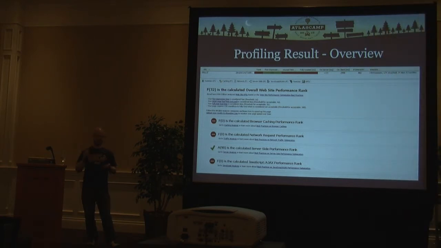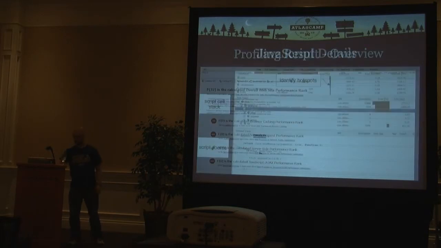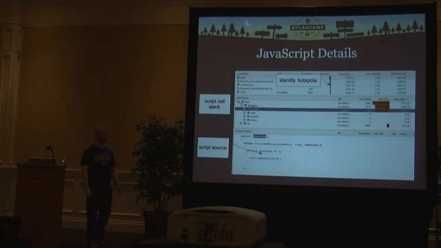Now, for resources like load time for CSS or image resources or things like that, there are other tools which do that quite well. But for actually profiling into the JavaScript, that's something that's fairly neat here. So you get a view where you can break down into hotspots. You can see long-running scripts in a timeline.